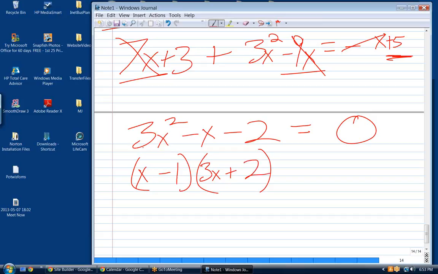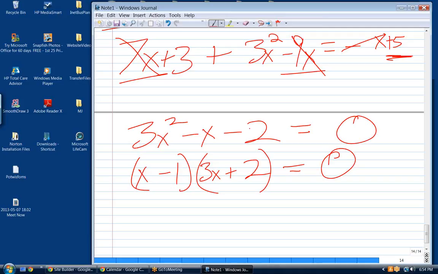So for factoring more complicated quadratics where there's a coefficient in front of the x squared, it's kind of a process of trial and error, more so than the other is. I don't have a standard set routine that will always work.